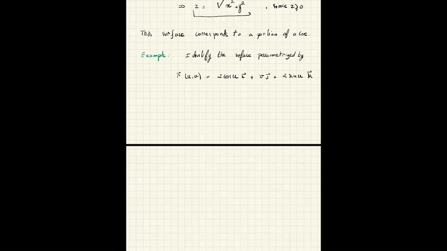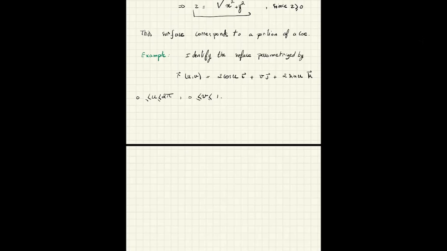Okay, and let's say u is between 0 and 2 pi, and v is, let's say, I don't know, 0 and 1. But it doesn't matter. We just want to know what is this? What is this actually?